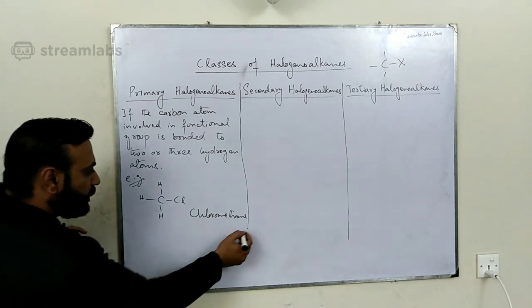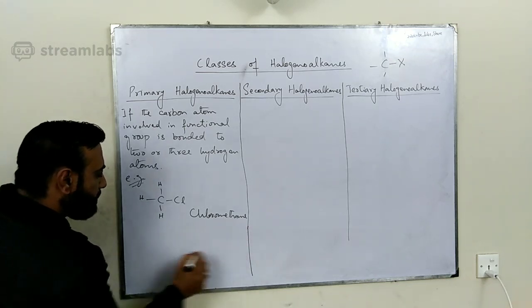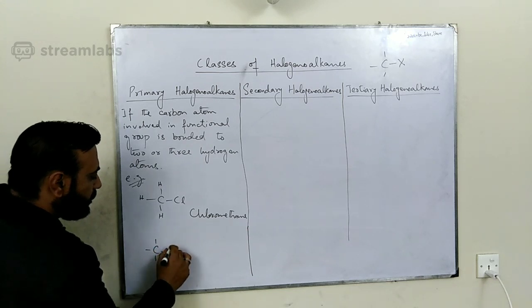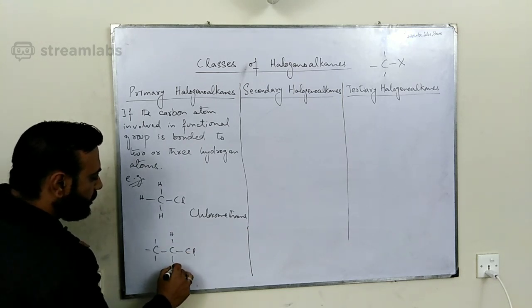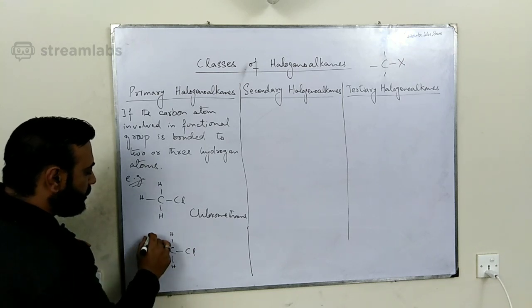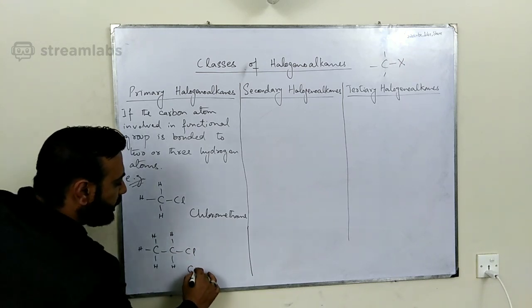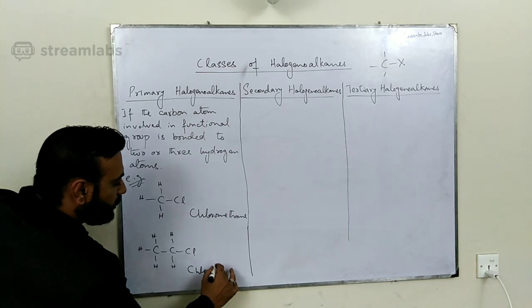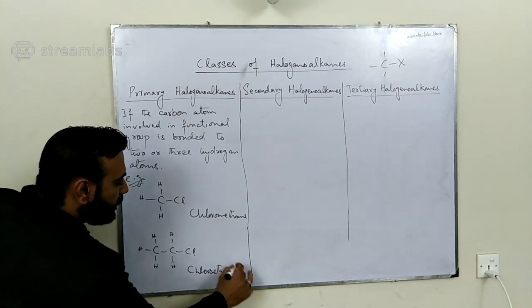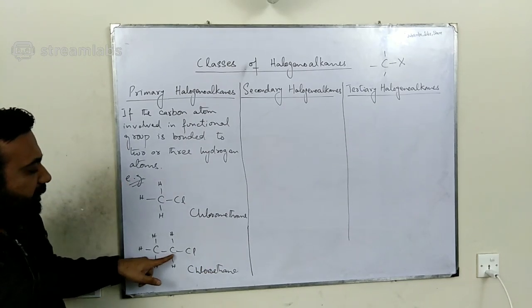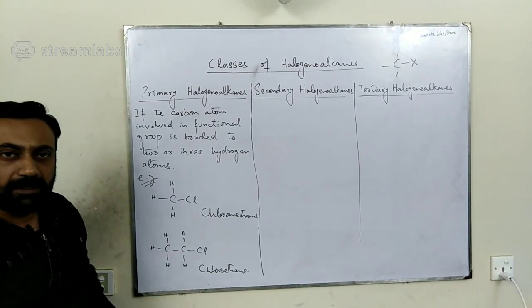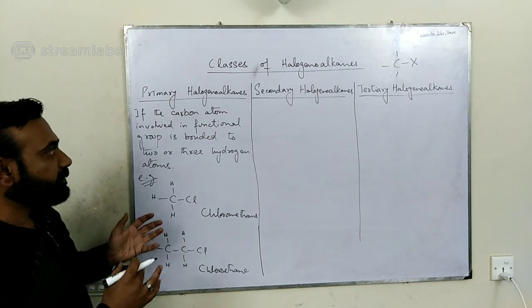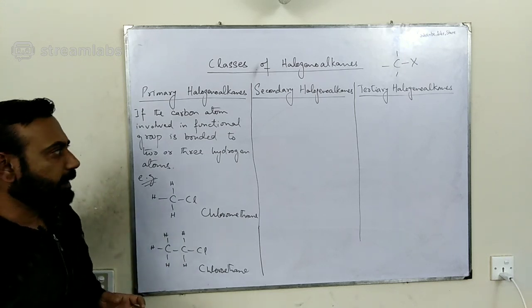Let's take another example. This is chloroethane, and in this compound, the carbon atom involved in the functional group is bonded to 2 hydrogen atoms, which means again it is a primary halogenoalkane.